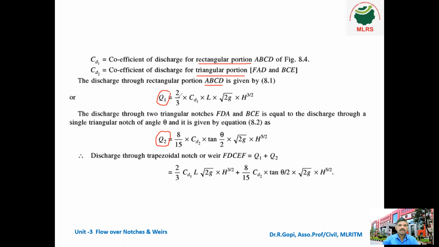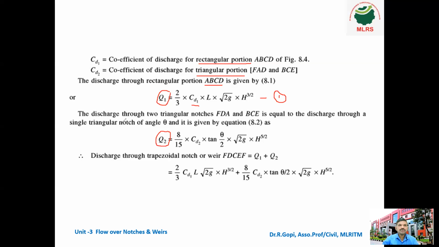So for Q1, 2 by 3 CD1 into L into root 2g into H power 3 by 2. This is the first equation we already saw in the rectangular notch. It is the same formula, but instead of CD, here I have written CD1 because there are two CDs.